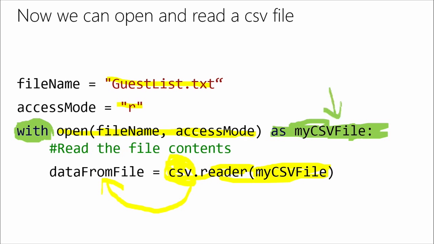You can call it anything you like. This syntax ensures that if there is an error during the processing, the file will always be closed. So if an error happens during the open or anywhere in the indented code as you're processing through the data, the file will always be closed. And even if there wasn't an error, it would still close it for you.